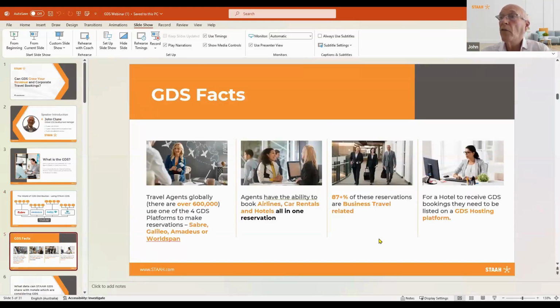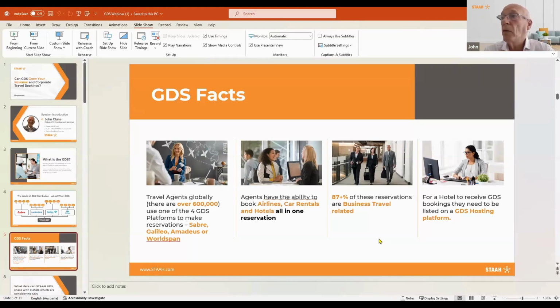The way it works is travel agents globally, as I said, about 600,000, use one of the 4 platforms. So if you walk in to any travel agent in the world, they are using one of these 4 systems. They don't have different ones in the same office. They're either all using Sabre or they're all using Amadeus.